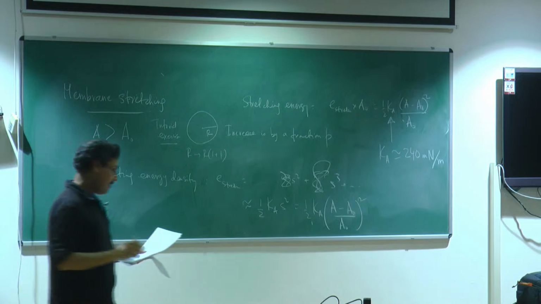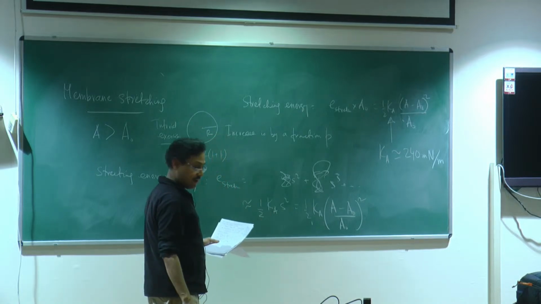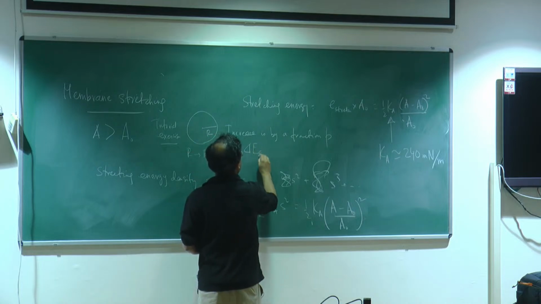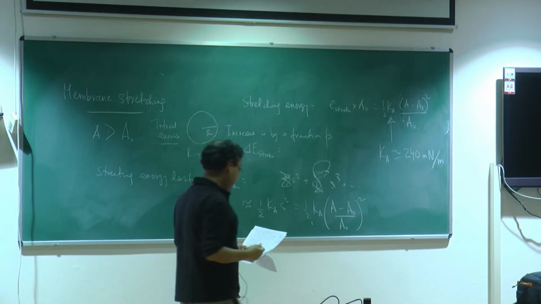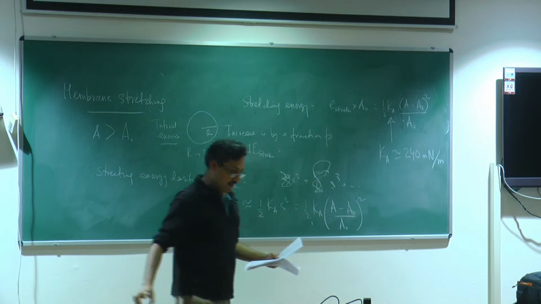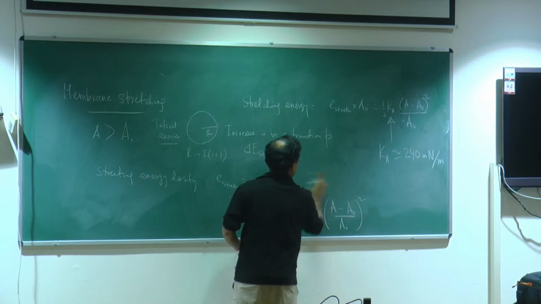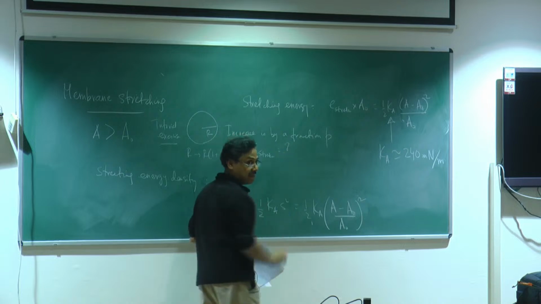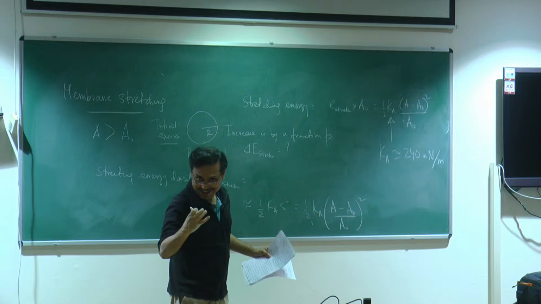Now, first find out what the strain would be. Then find out what the delta E stretch, the change of this energy, is. You find out the form of this quantity first, and then put some numbers into it, because those are interesting.